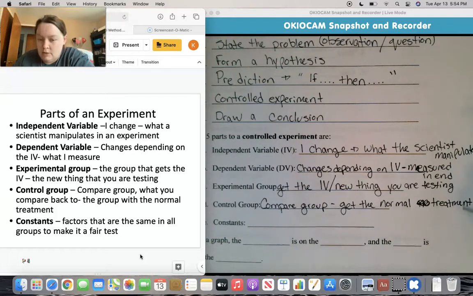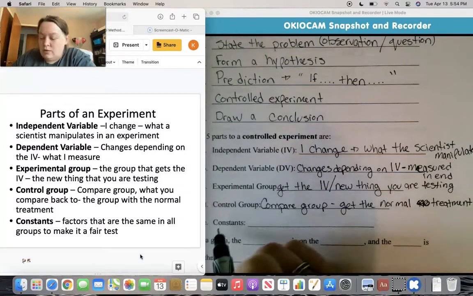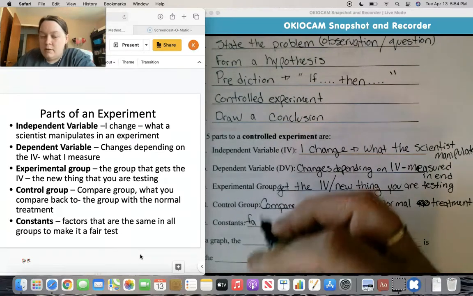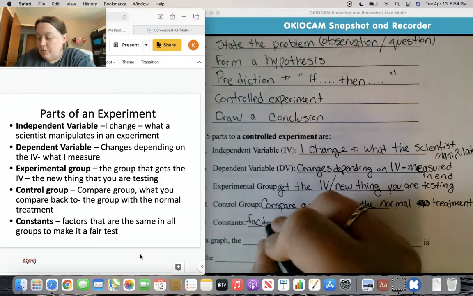It's normal for plants to be in normal sunlight. That's my control group, and I'm going to compare the groups that get the different colors of light back to the normal light. Now, you do not want to get this confused with a constant. Constants are factors that stay the same to make your experiment fair.